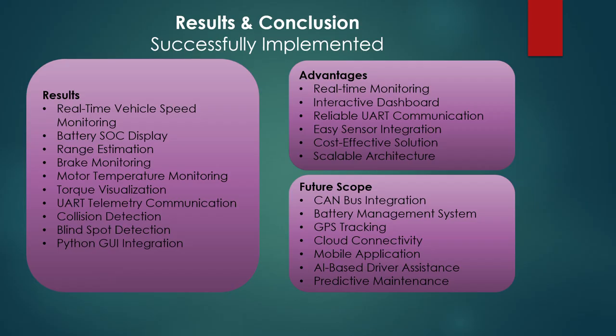So coming to the results, the project is successfully completed. In this project, I built a real-time vehicle speed monitoring system which displays the battery and estimates the range, and it also controls the brake monitoring, monitors motor temperature and visualizes the torque, and it communicates with the UART telemetry at a baud rate of 115200.